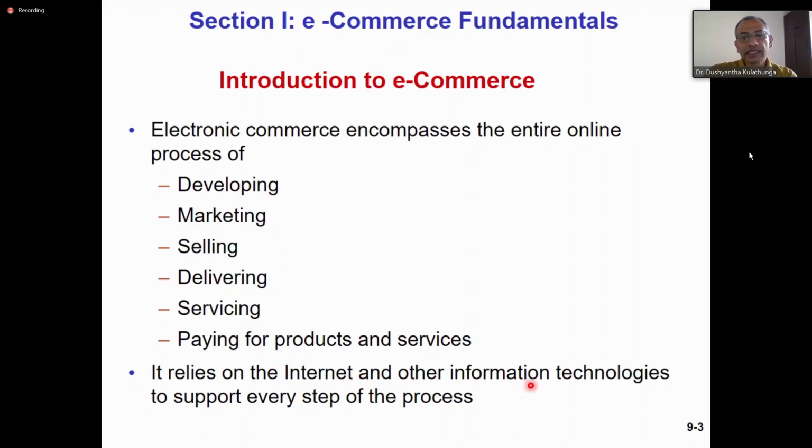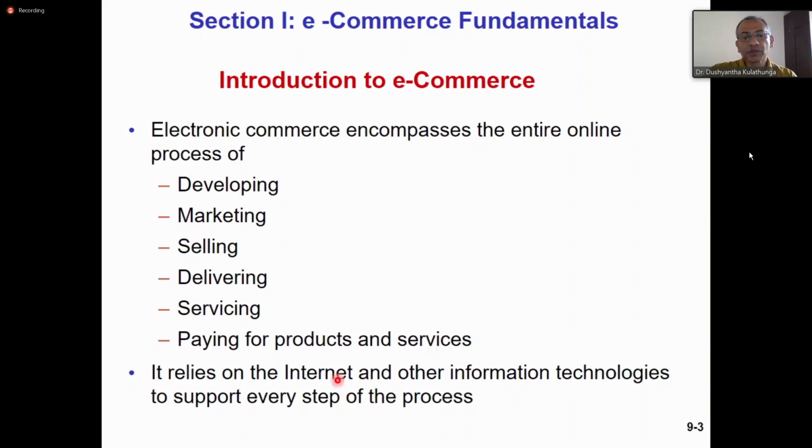It relies on the internet and other information technologies to support every step of the process. Now, in supporting these particular processes, we can utilize the internet and also other information technologies.